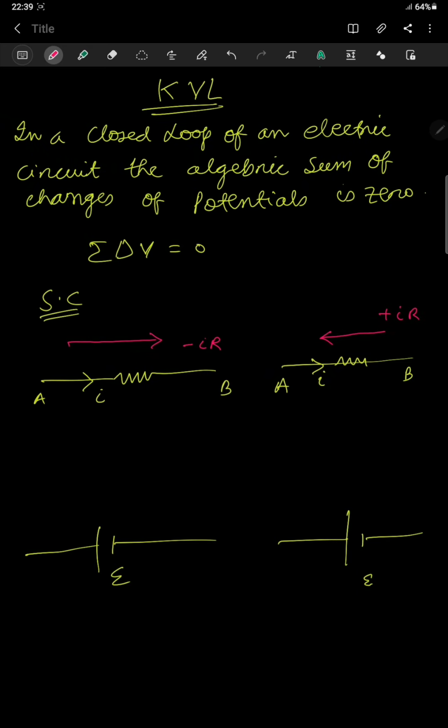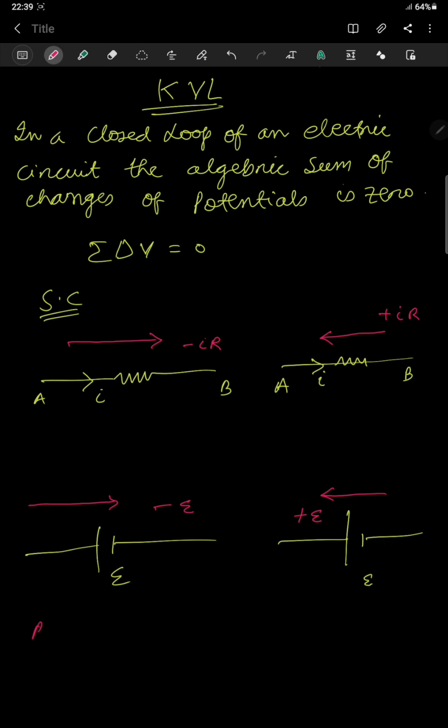If I am moving from higher potential to lower potential, it will be minus EMF of the cell. If I am moving from lower potential to higher potential, then I have to take plus E. So these are the sign conventions.